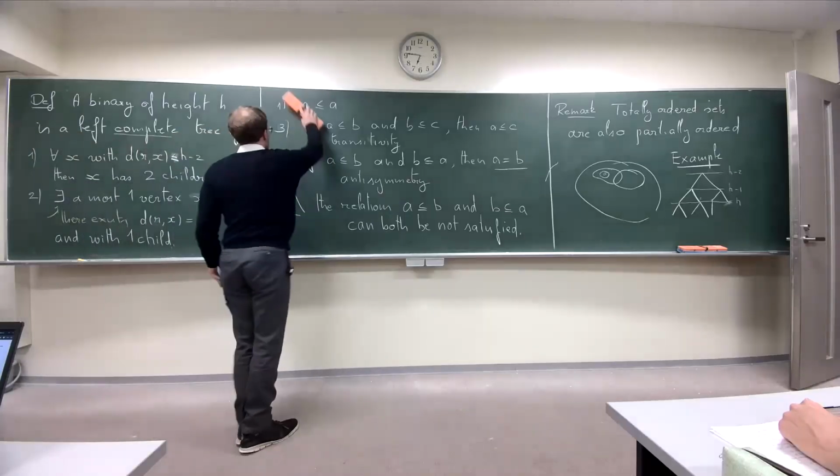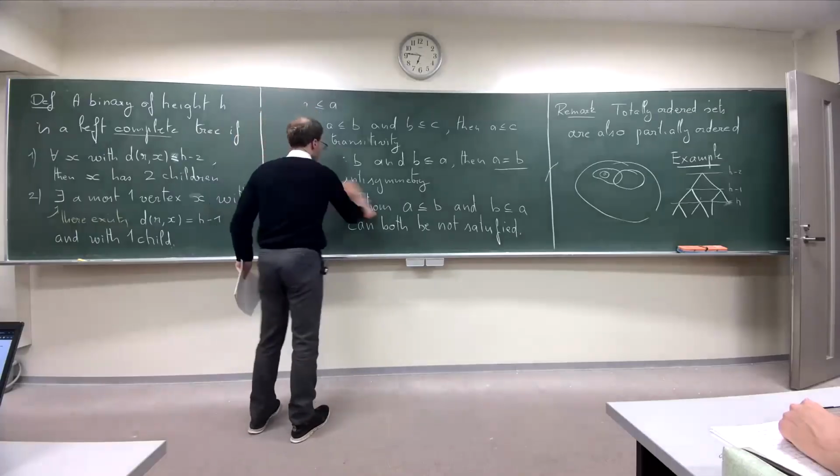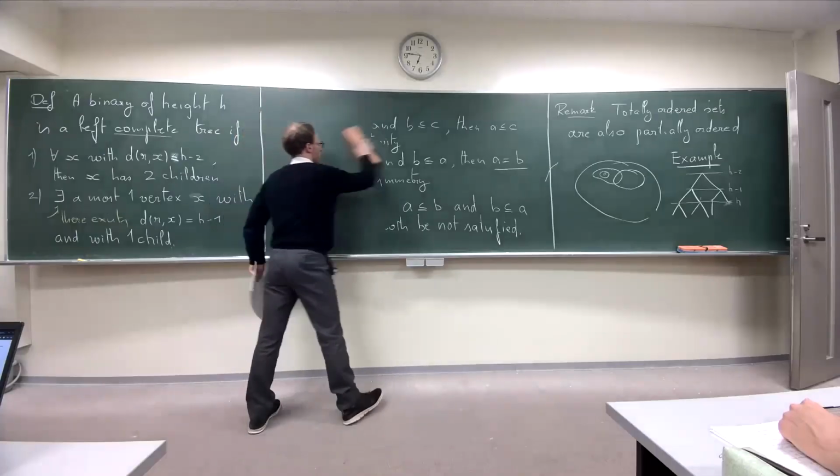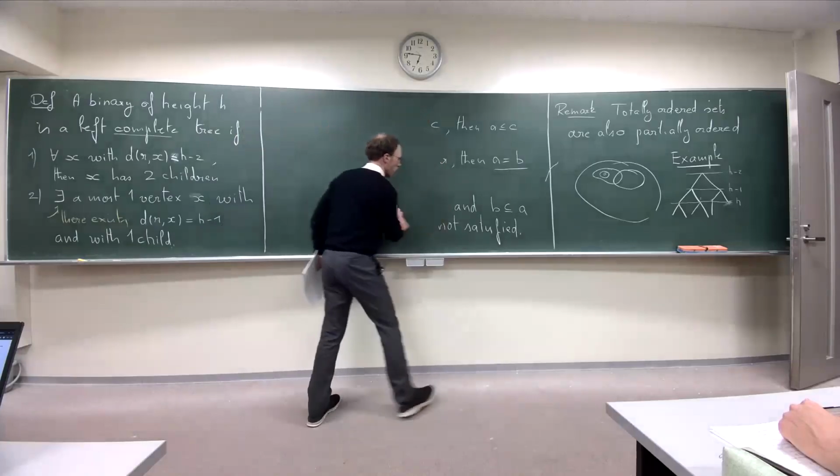So at the level h minus 1, at most one has only one child. All the other ones have 0 or 2.